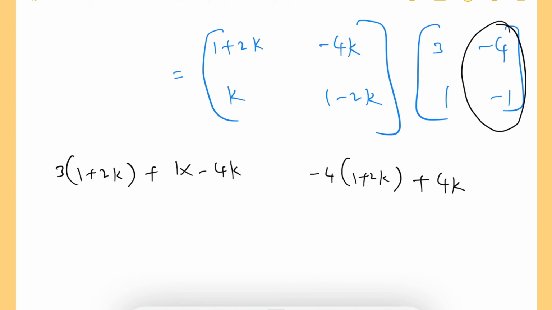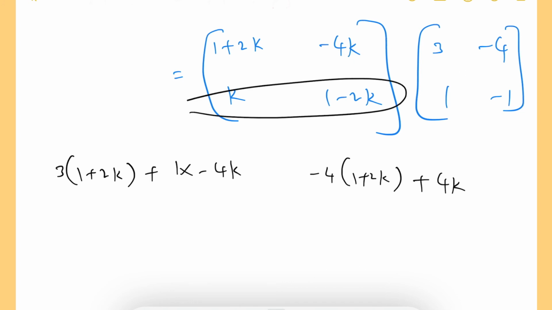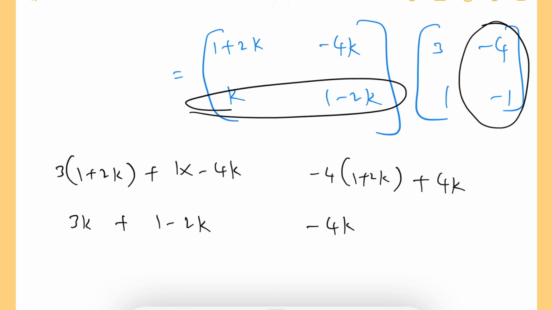Next second row, first column: k into 3, 3k, plus 1 into 1 minus 2k, 1 minus 2k. Next second row, second column: k into minus 4, minus 4k, minus 1 into 1 minus 2k. Okay, let us simplify this.